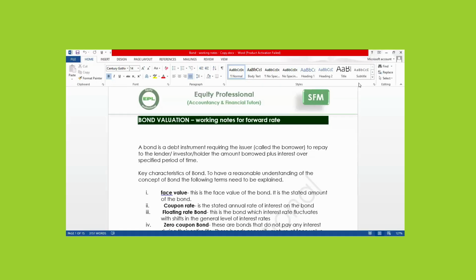From the borrower's perspective, a bond is a liability.